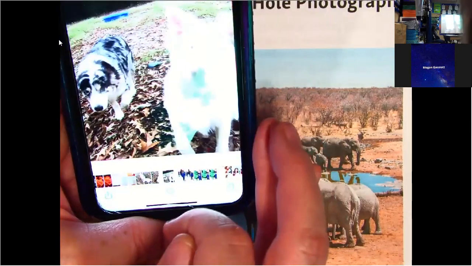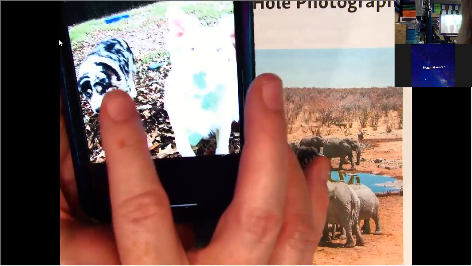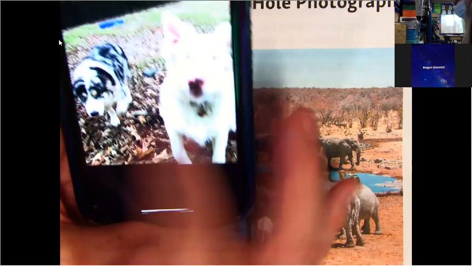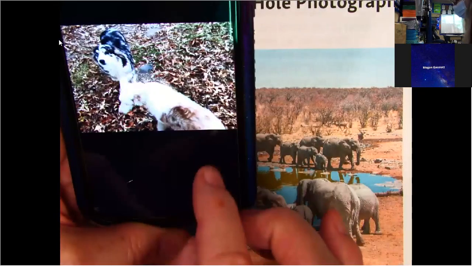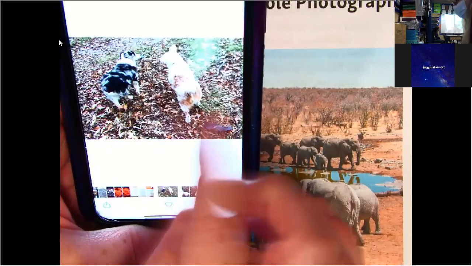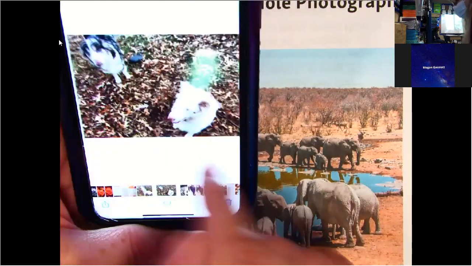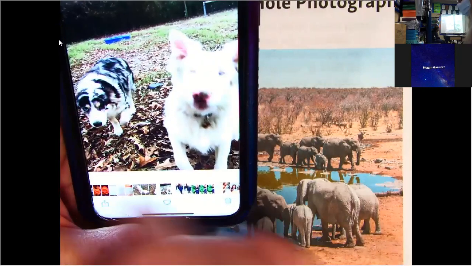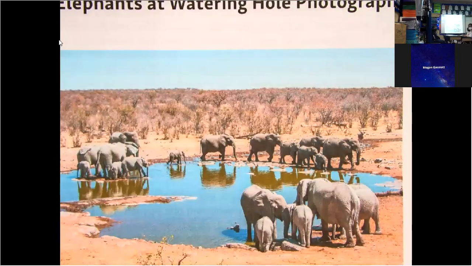He's hyper. He's always hyper. He's always moving. He's never still. There's his one brown patch. He's always running.